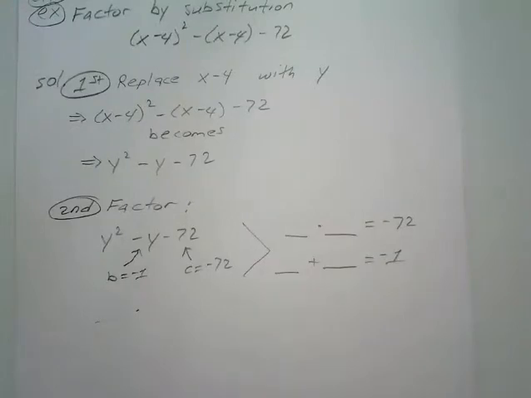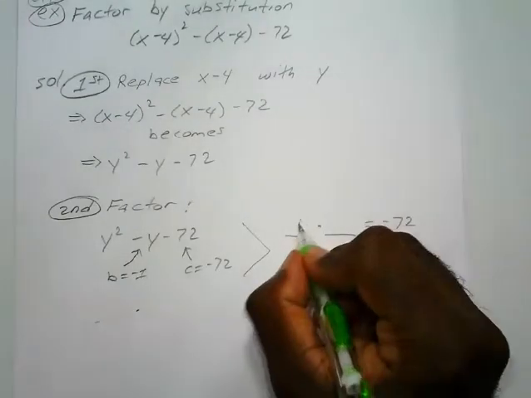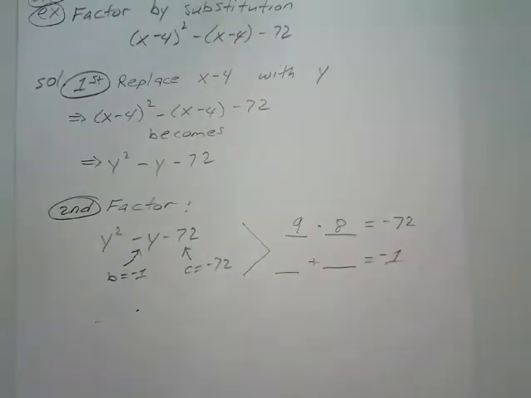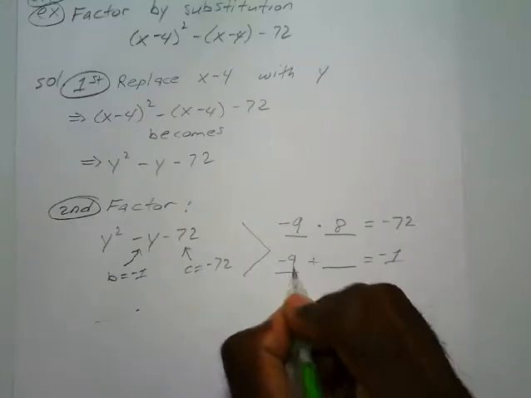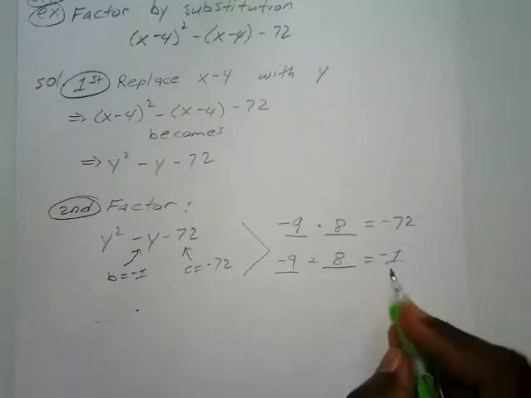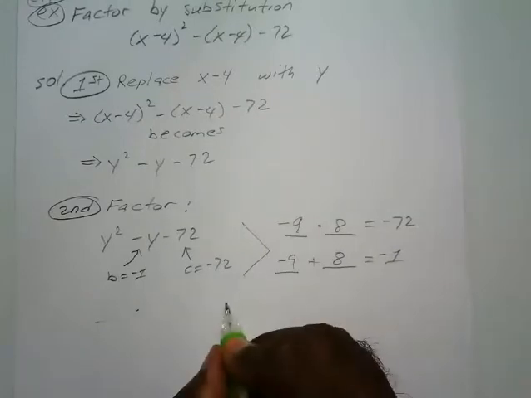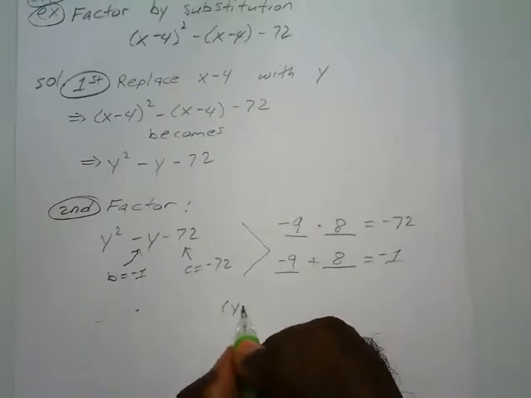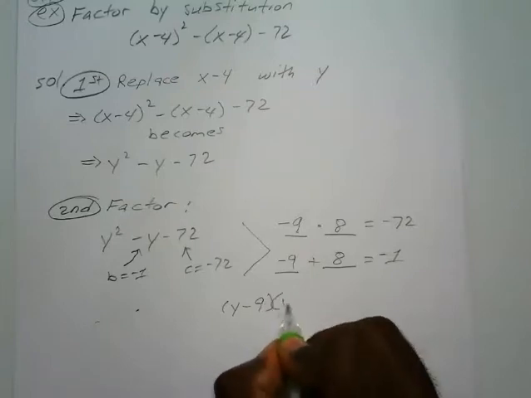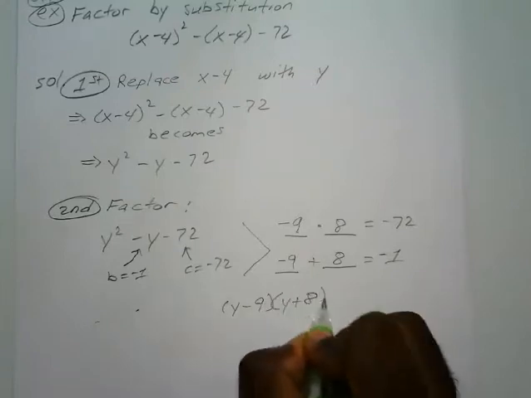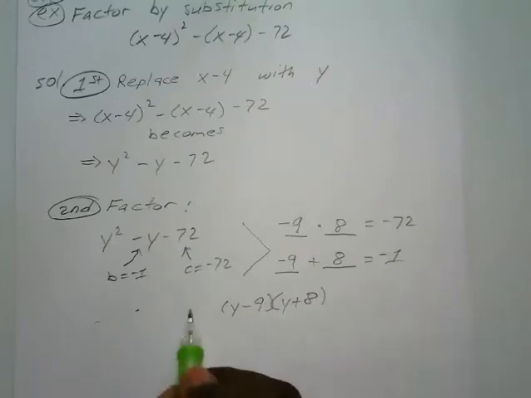Okay, so if you look, you'll see that 9 times 8 is 72. And negative 9 times positive 8 is negative 72. And negative 9 plus positive 8 is negative 1. So that means our factors are y minus 9 and y plus 8. Okay, so we have our factors.